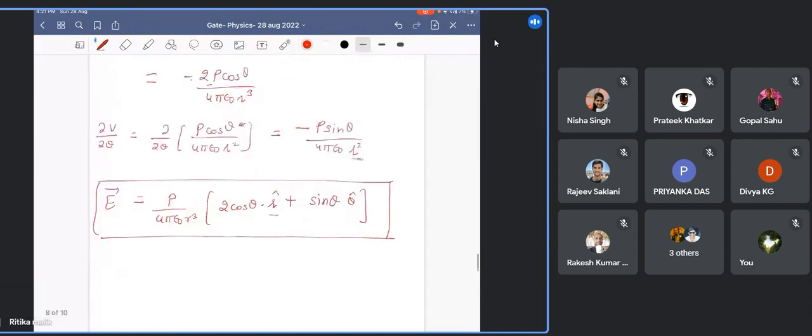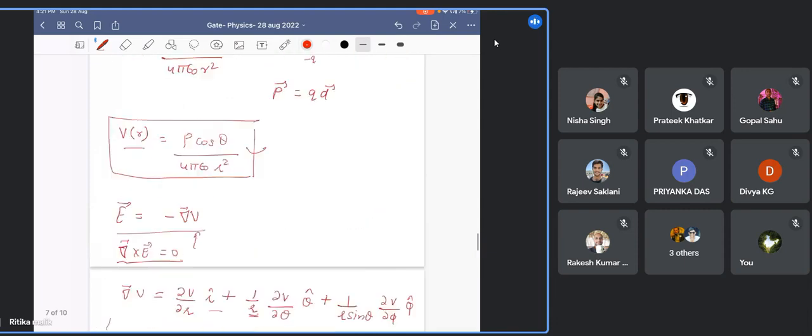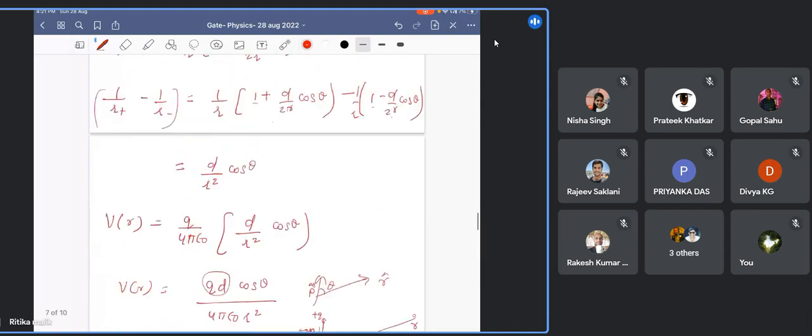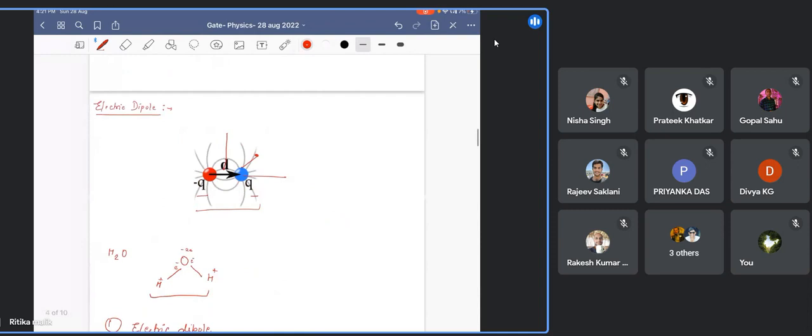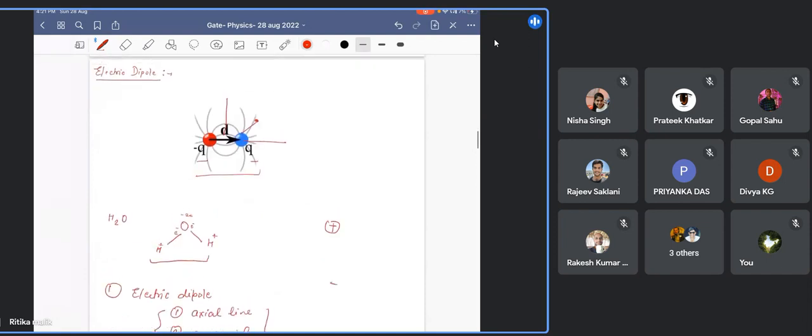As you can see, it is very much dependent on which direction or at which point we calculate our electric field. For example, in the initial figure that I showed you, the electric field due to a dipole looks something like this. You have a positive charge and a negative charge.